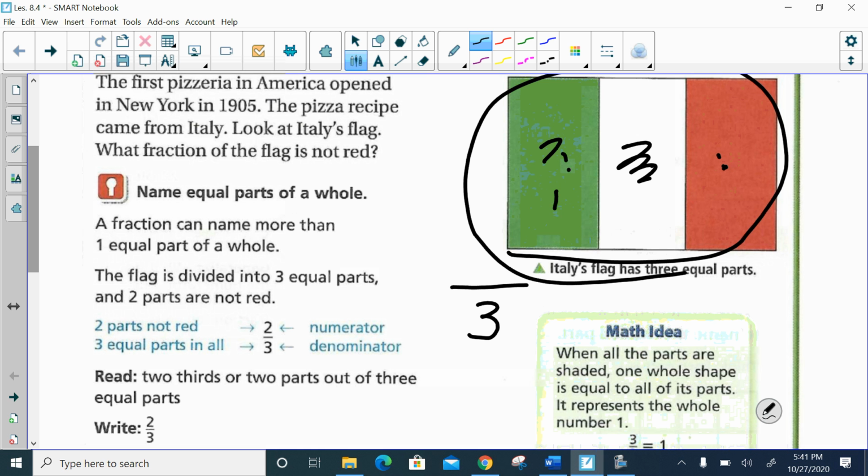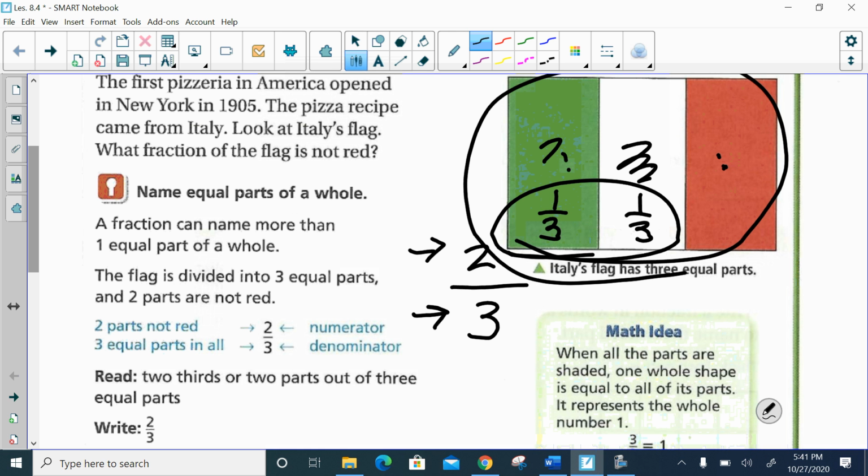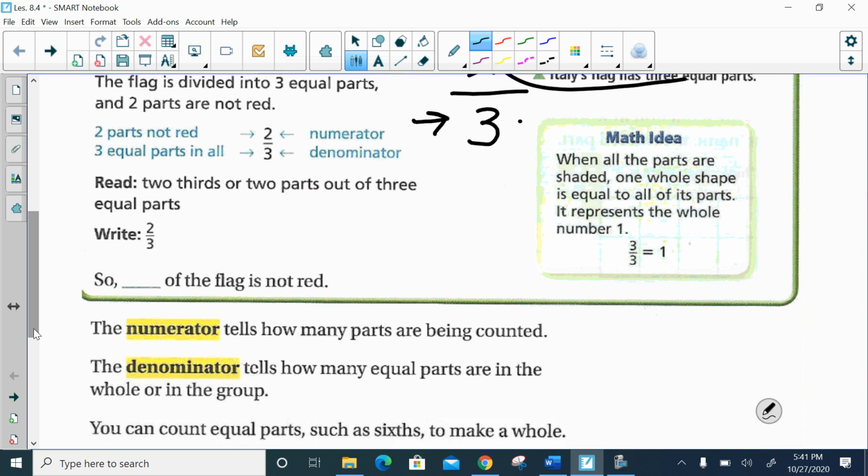So 2 out of the 3 are not red. So it's 2/3. These are the equal parts, your numerator and your denominator. Okay? So 2/3 of the flag is not red.